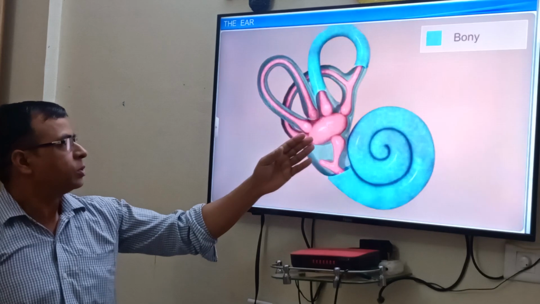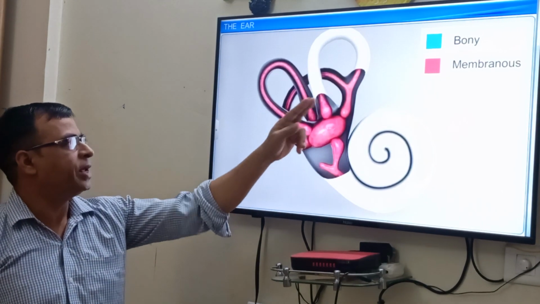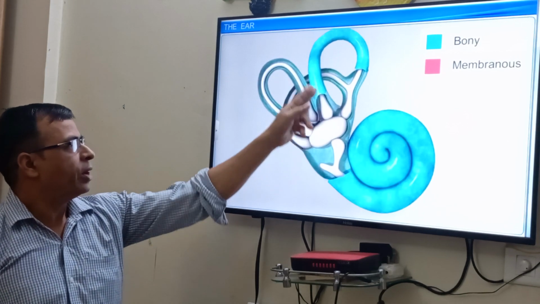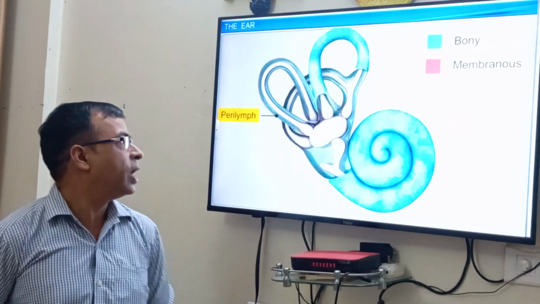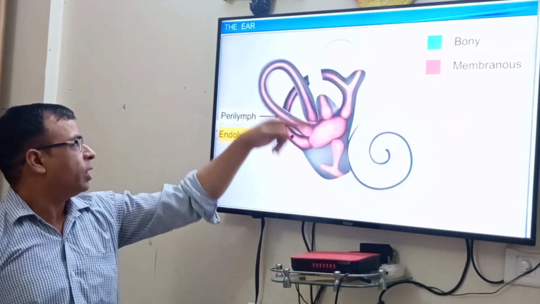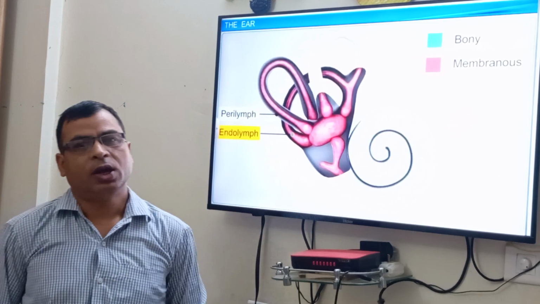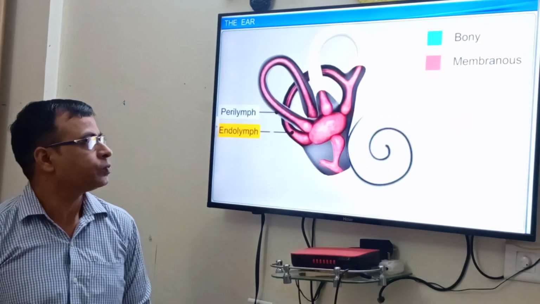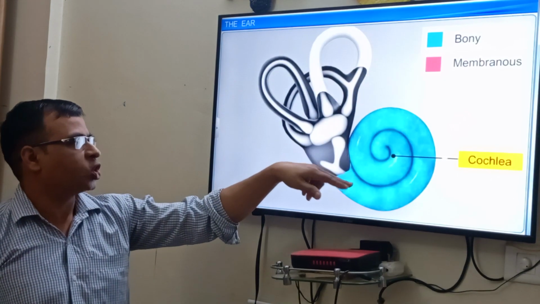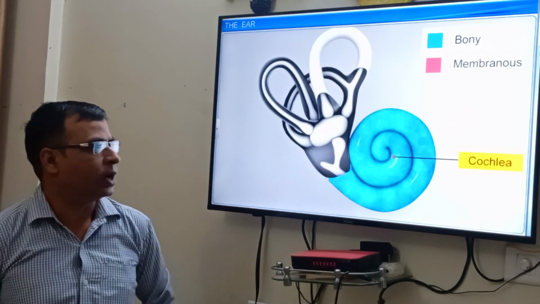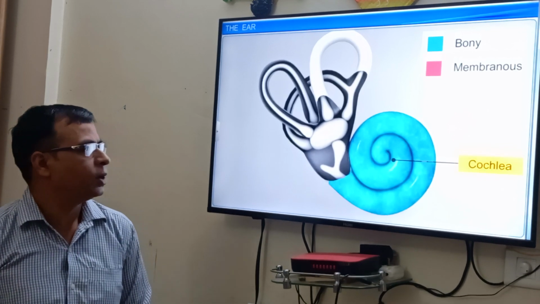In this diagram, the labyrinth may be divided into two types: bony and membranous. The bony labyrinth is filled with perilymph fluid, and the membranous labyrinth is filled with endolymph fluid. The coiled portion of the labyrinth is called the cochlea. This is very important in hearing.